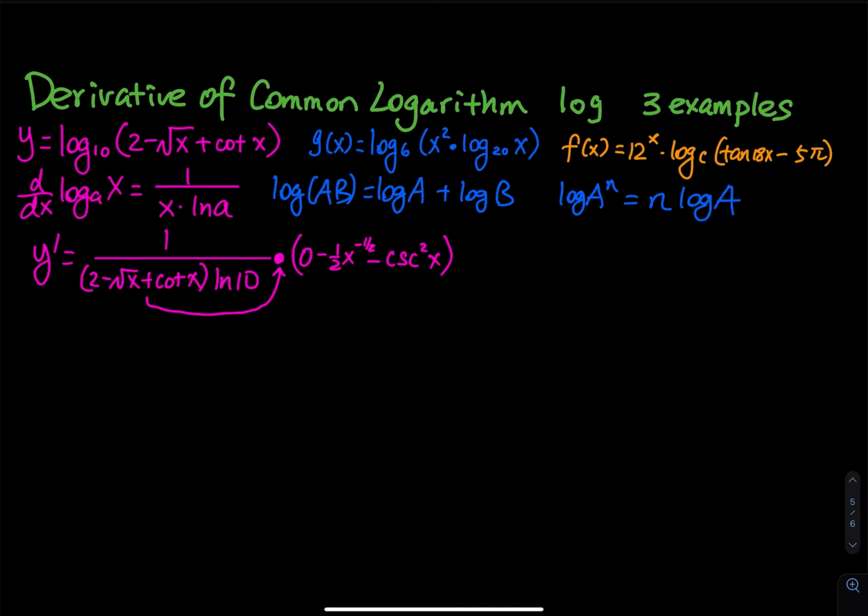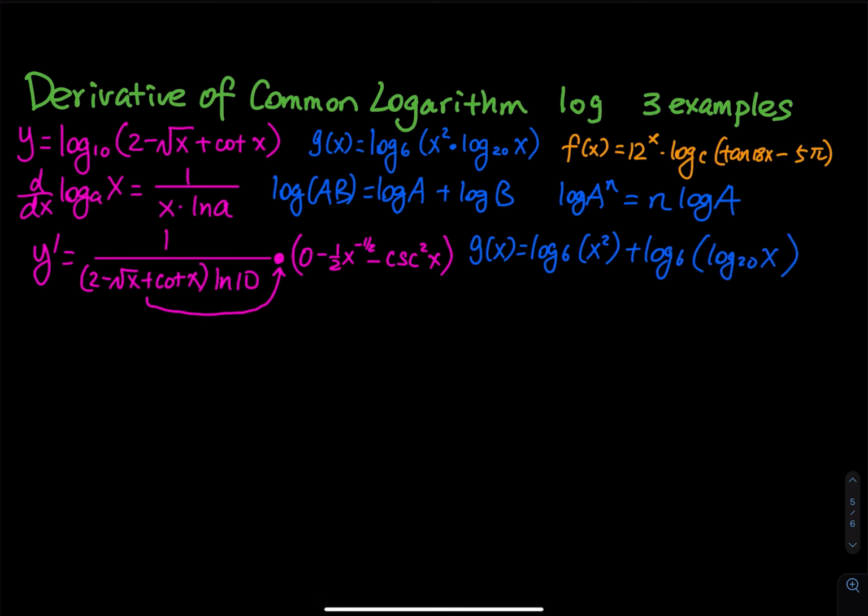For the second function, we will rewrite the function first. So g of x equals log base 6 of x squared, and then we carry the 2 down in the next step, plus log base 6 of log base 20 of x.